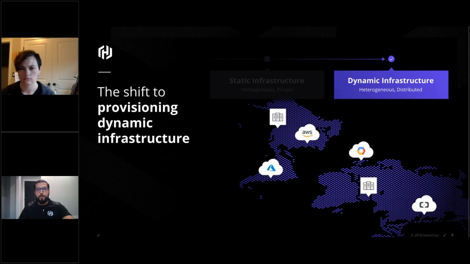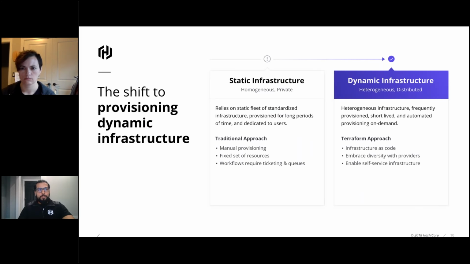Things are coming up and going, so that makes it extremely challenging, right? So if you look at provisioning in the dynamic infrastructure world, previously there was, like I said, a lot of manual provisioning. You had a fixed set of resources. Workflows required ticketing and queues. The process was extremely difficult at times, right?